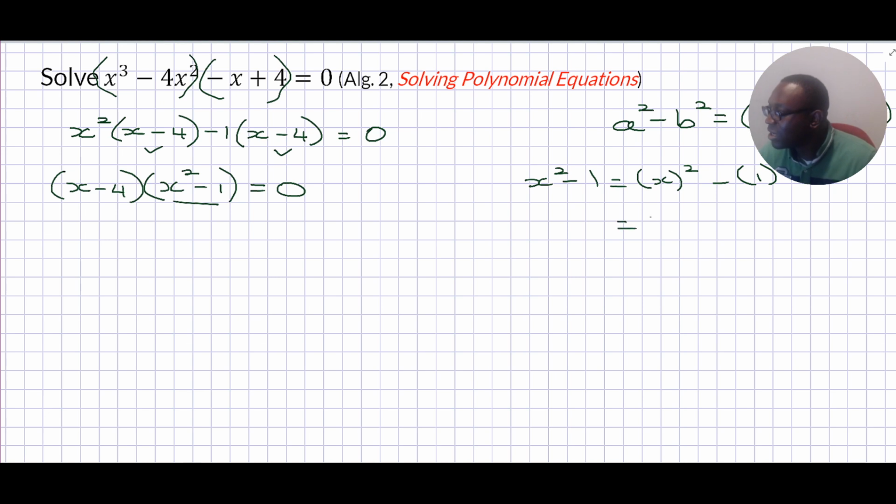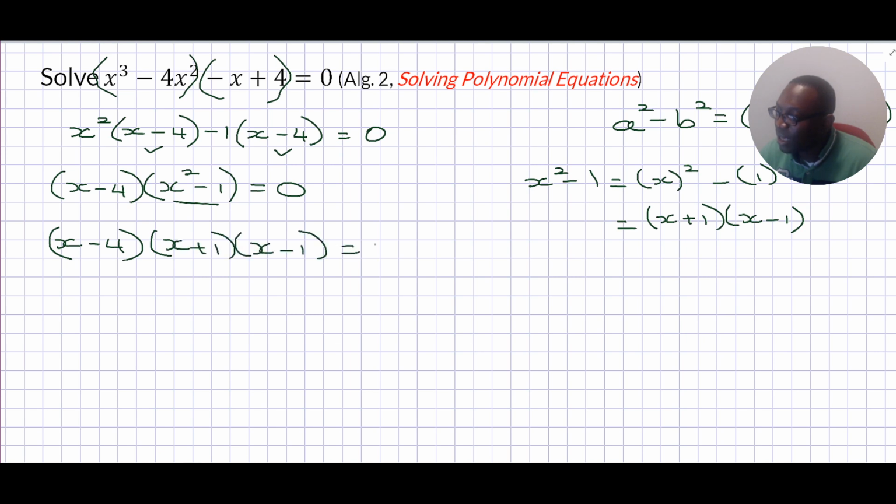So this is going to give us x plus 1 multiplied by x minus 1. So now we're going to replace x squared minus 1 with x plus 1 multiplied by x minus 1. So we have x minus 4 multiplied by x plus 1 multiplied by x minus 1 equal to 0.